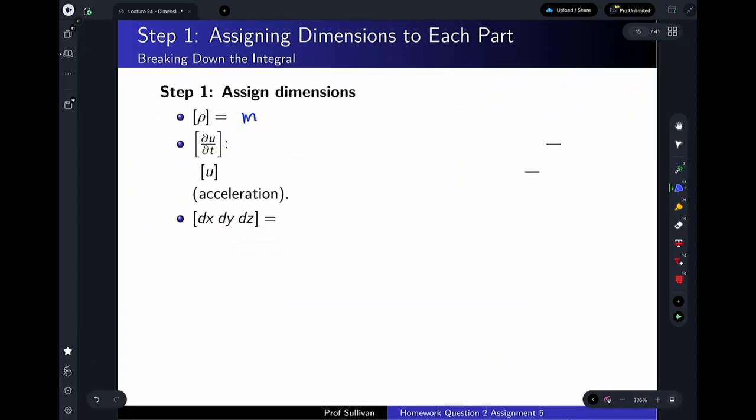That's going to scale as ML to the minus 3. This is going to scale as LT to the minus 2, and just ignore that for now. And this scales as L cubed. So all of that together is just what you needed, and I'm still trying to figure out what the text actually did here. I think they messed up with the del U del T term.